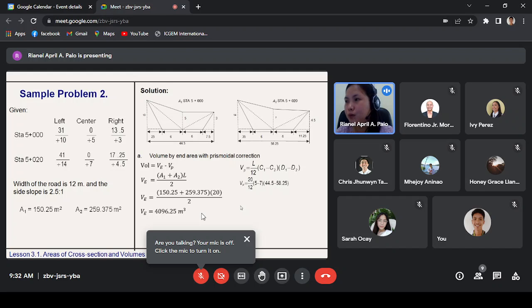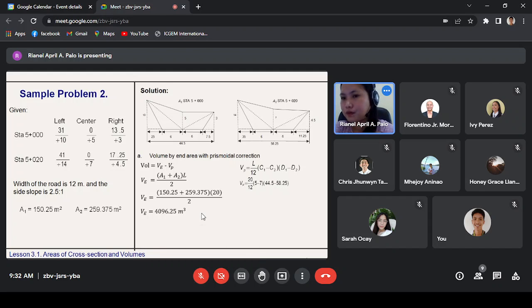So our volume sa atong prismoidal correction is equals to 45.83, ma'am. Okay, 45.83 cubic meters, so positive. So to compute atong volume by end area with prismoidal correction, again, volume sa end area na compute natin which is 4,096.25 minus positive 45.83 cubic meters.